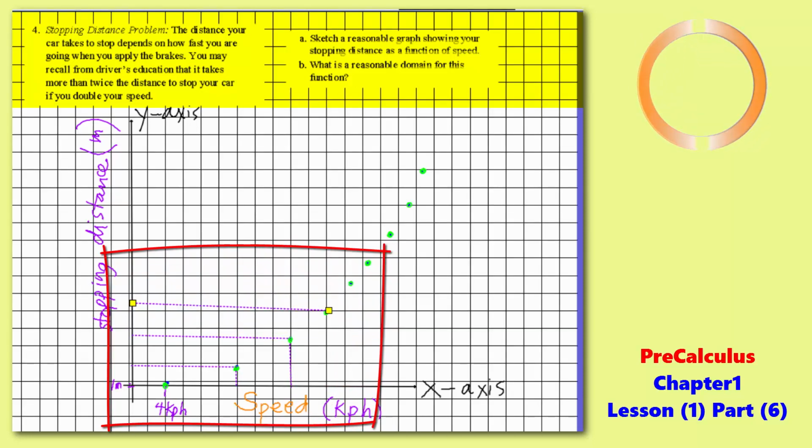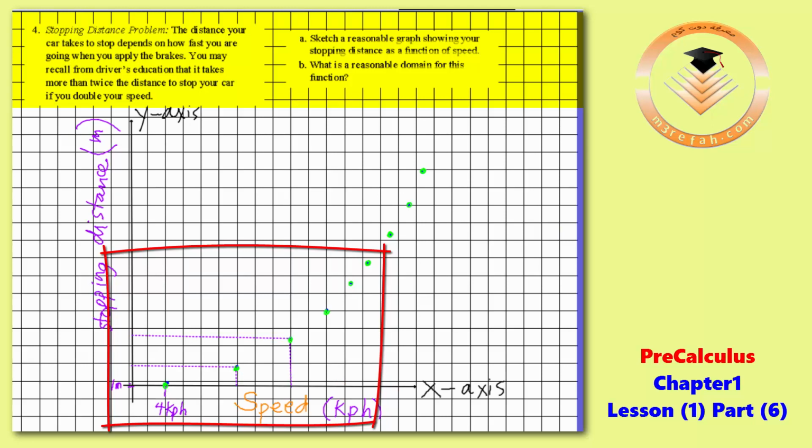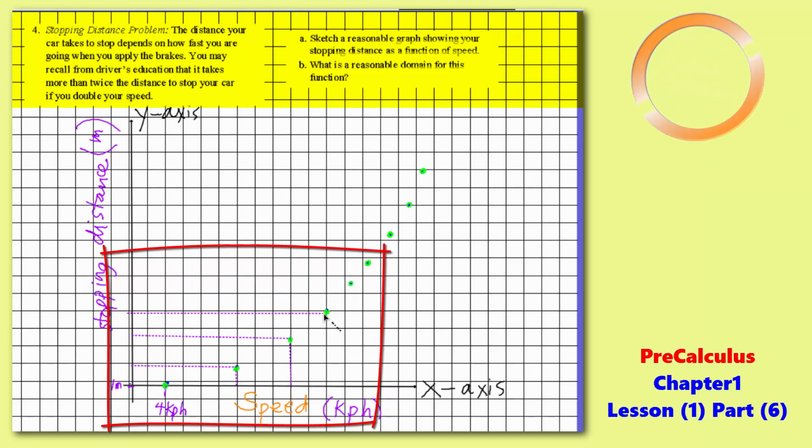Let's use the grapher for more accurate graphing. So we have this and so on.